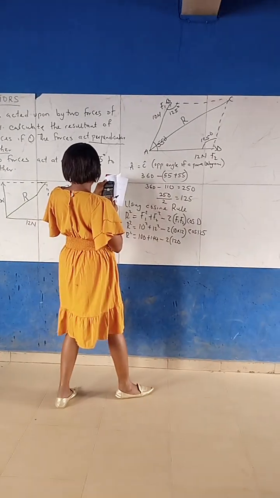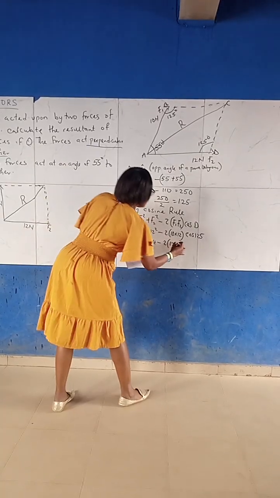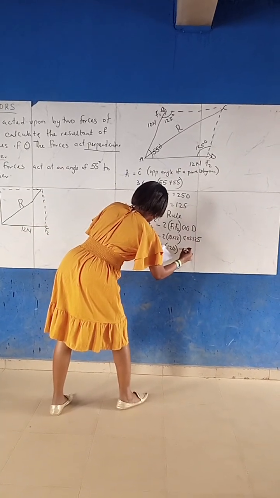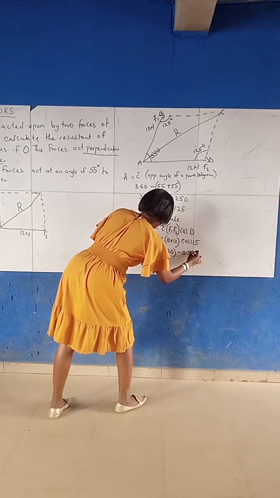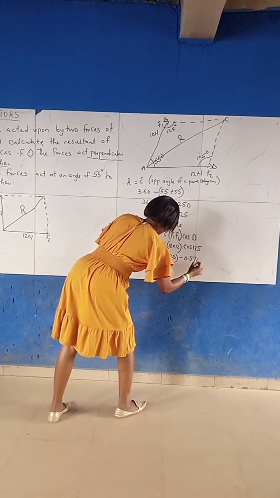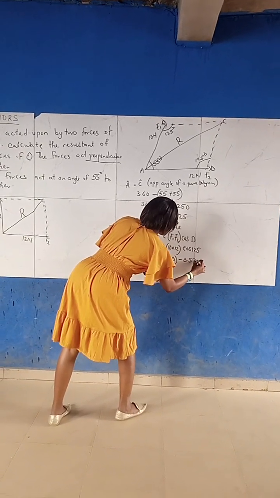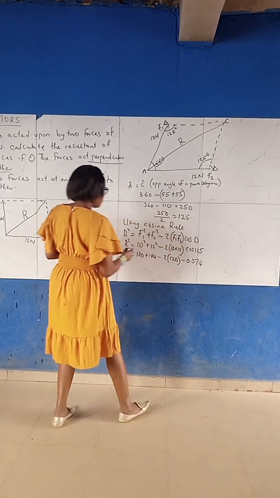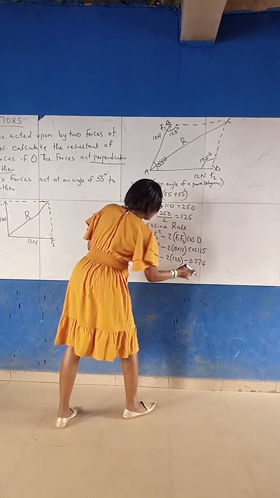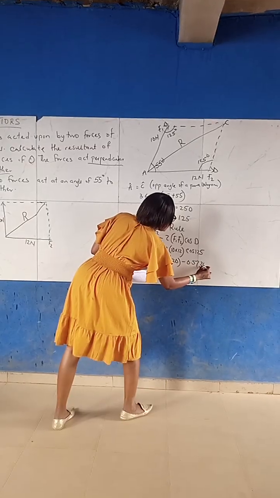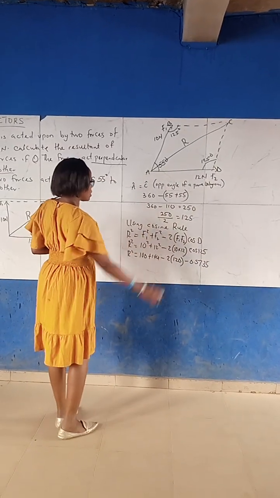Cos 125 will give me a negative sign, minus 0.5735. Let's use it in four figure table.